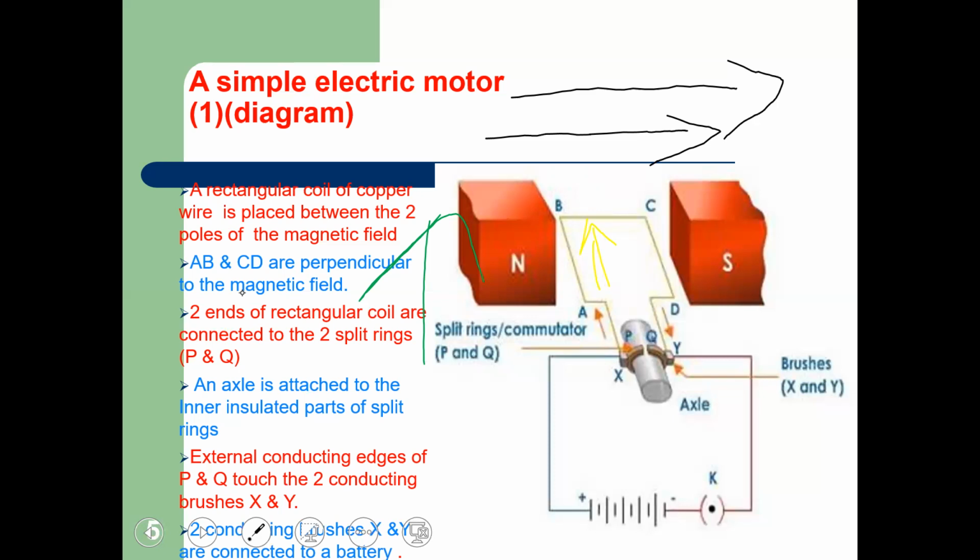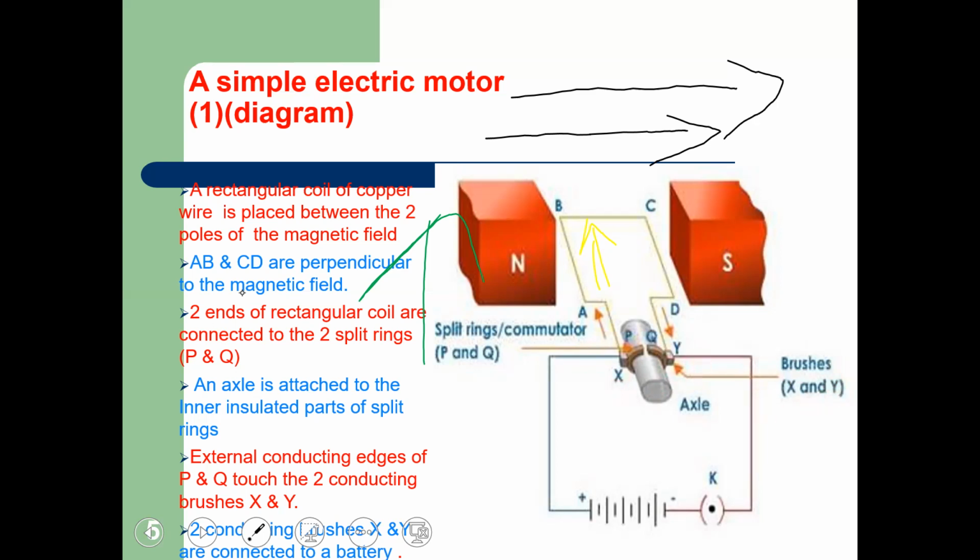So let's see if you can read through what is here. A rectangular coil of copper wire is placed between two poles of the magnetic field. Yes. AB and CD are perpendicular to the magnetic field. Yes. Two ends of the rectangular coil are connected to two split rings. Oh, sorry, they are P and Q. X and Y are brushes, but P and Q are the rings.